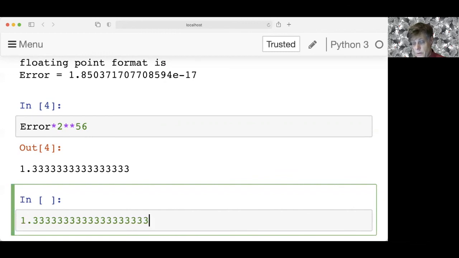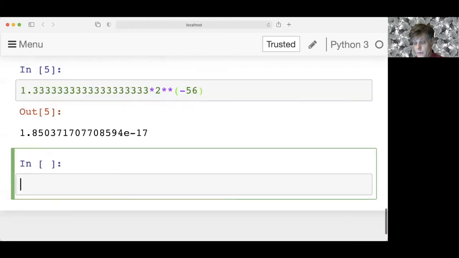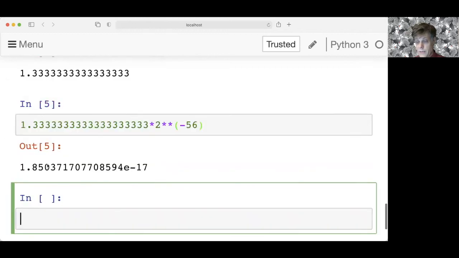I do not remember how many threes I put there, and multiply by 2 to the power, and power is double star in Python, of minus 56. And we see, do we get the same number? And yes, we did. This is the error.